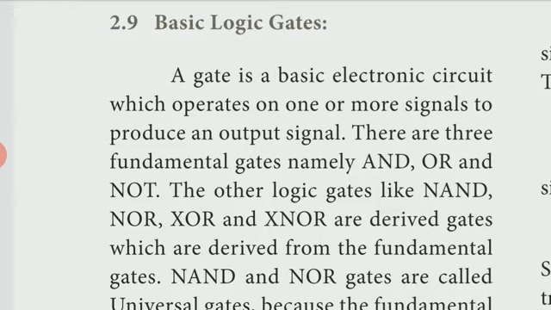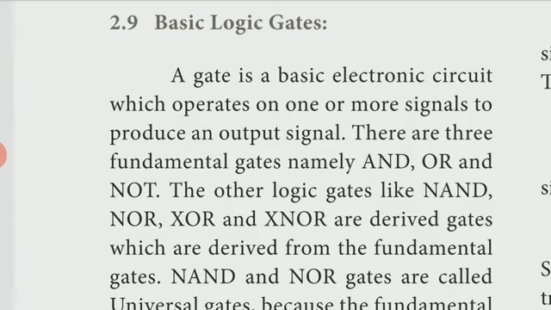First, we want to see what a gate is. It is an electronic circuit, a basic electronic circuit. Based on this only, you are going to create logic circuits. Using this we are going to create a circuit and you can produce the output.